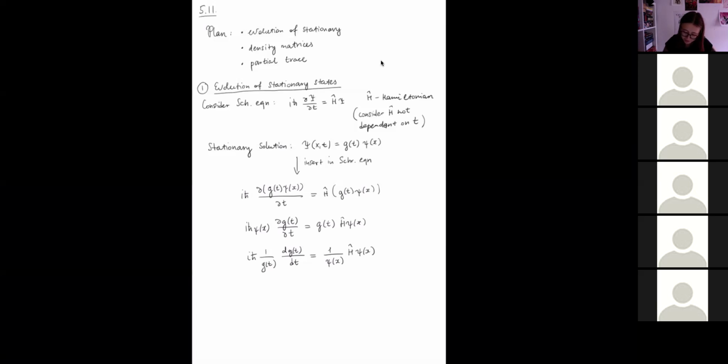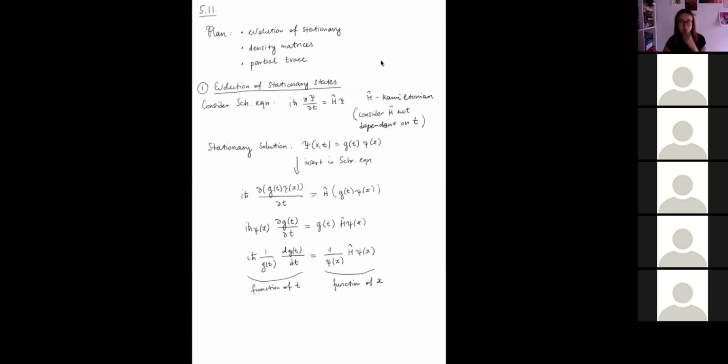So what we have here is a function of t on the left-hand side, and on the right-hand side we have a function of x.